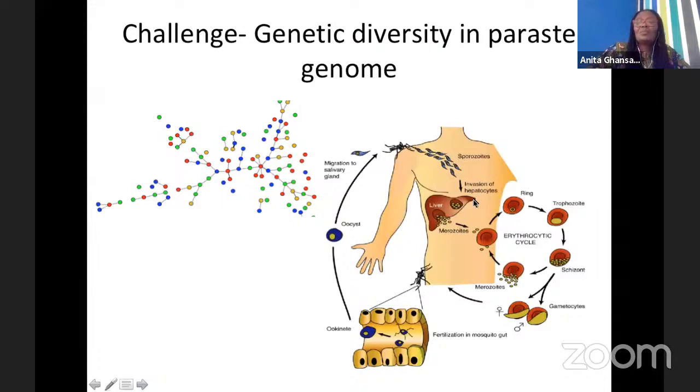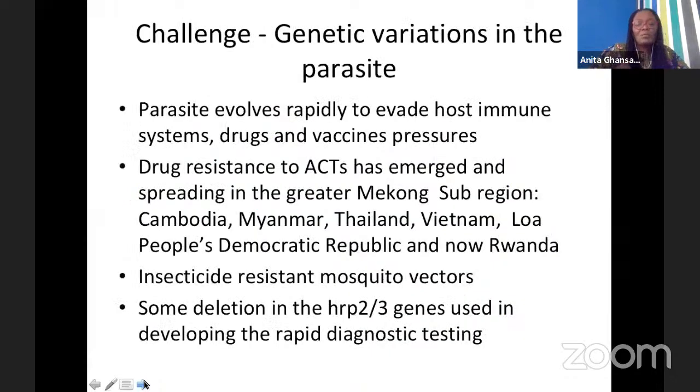And there again, it diversifies its genome in order to evade the liver stage, and then moves into the red blood cell. And again, it has to undergo extensive diversity. So this makes it very complex for any malaria genomic studies or malaria intervention. The idea of the parasite's extensive diversity is just to evade the host immune system and pressures such as the drugs and the vaccines that we take.